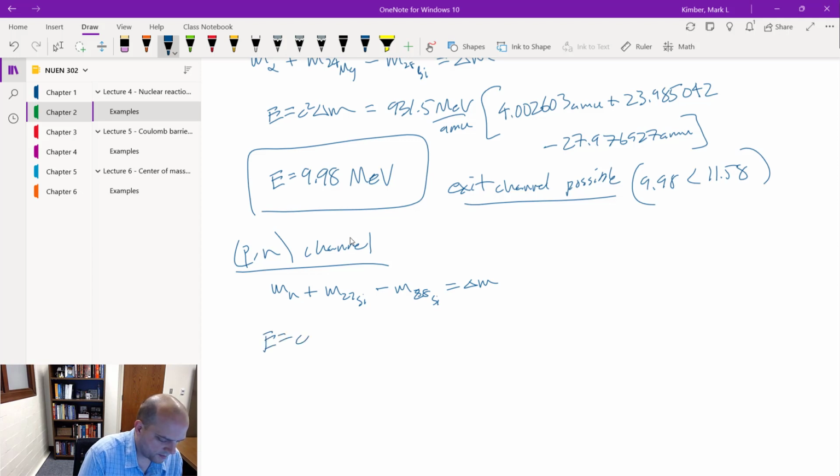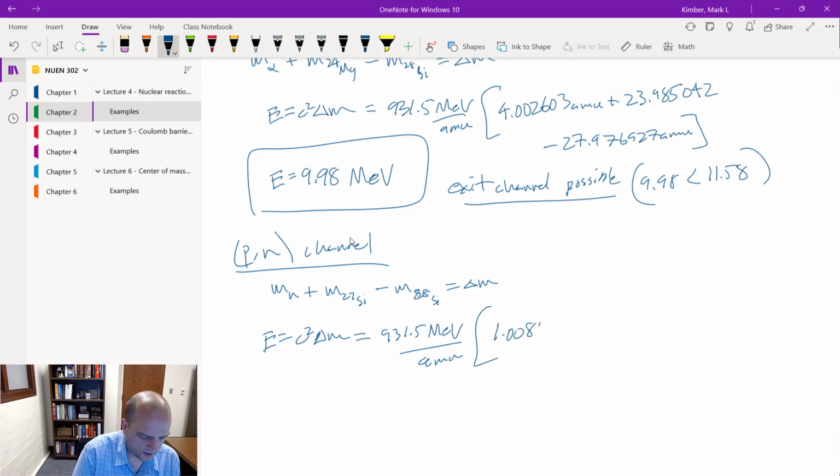And just as before, I've got this 931.5 MeV per AMU. And my neutron is going to be 1.008665. And silicon-27, let's go look at that real quick.